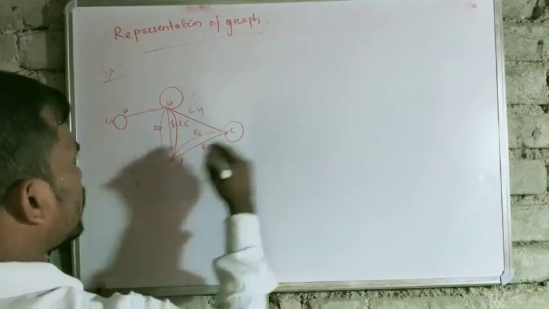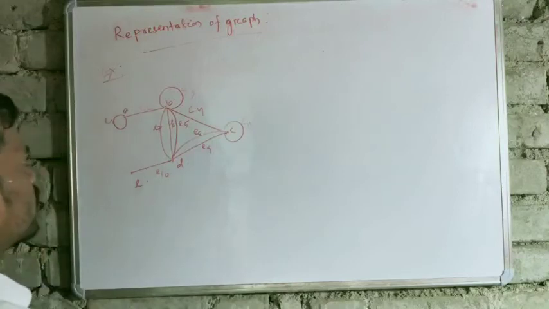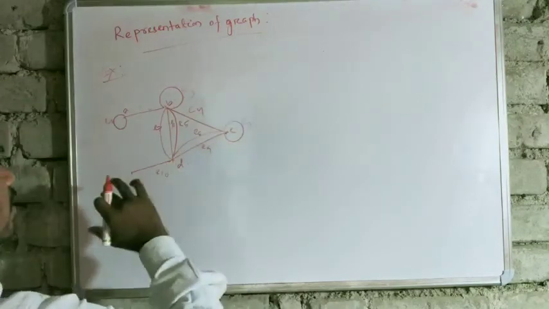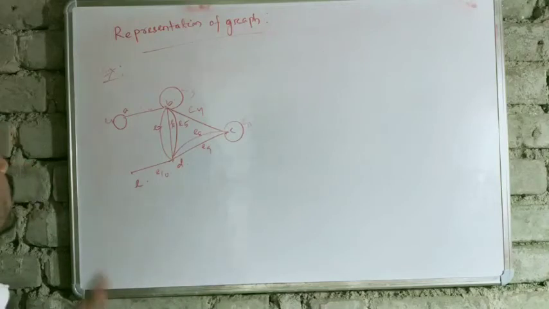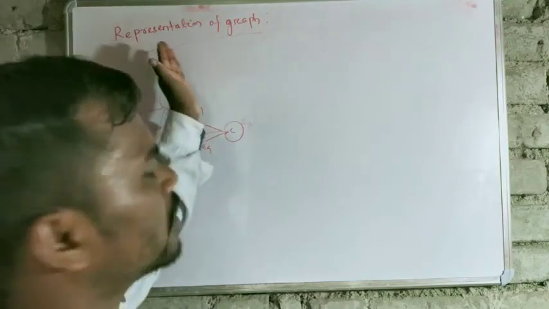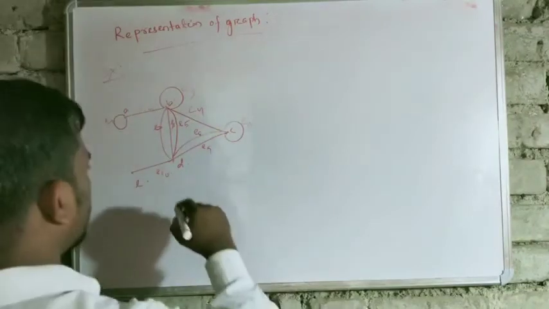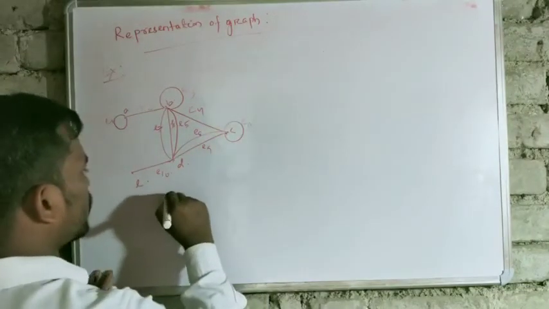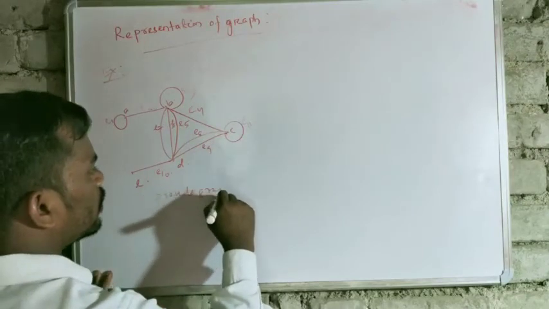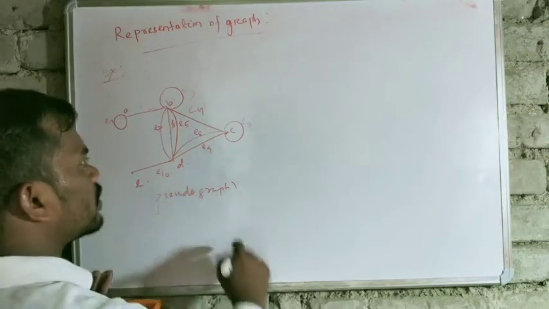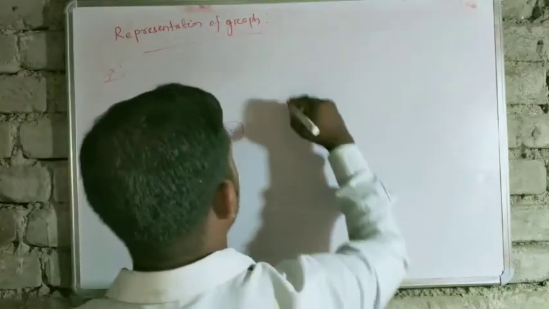This is another one, E11. There are 5 vertices and 11 edges. Now how we will find its corresponding incident matrix? So this is a pseudo graph.